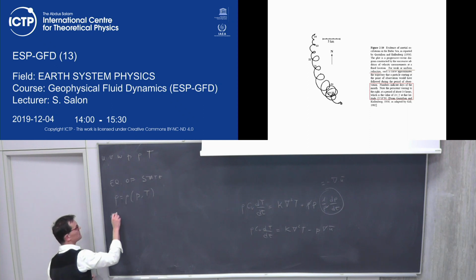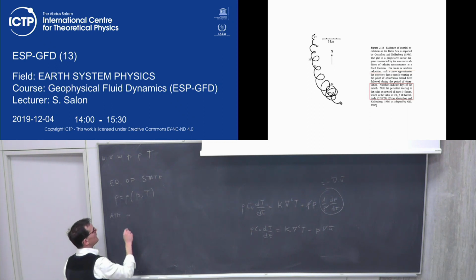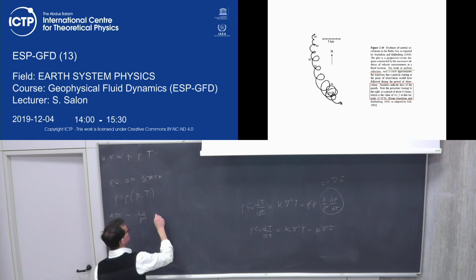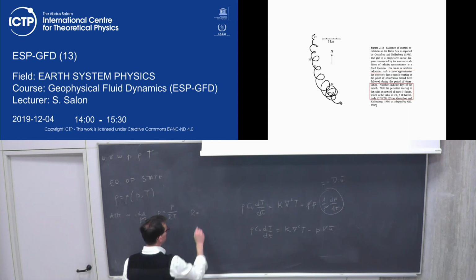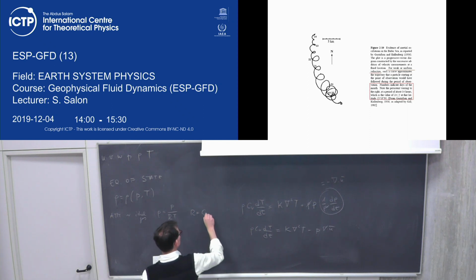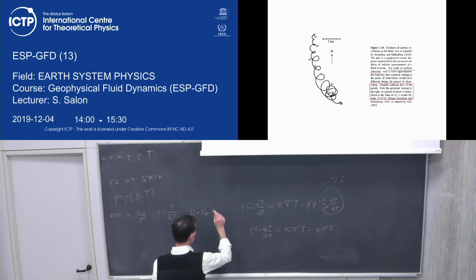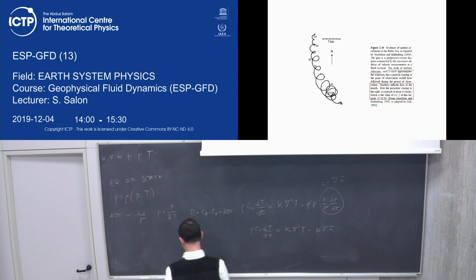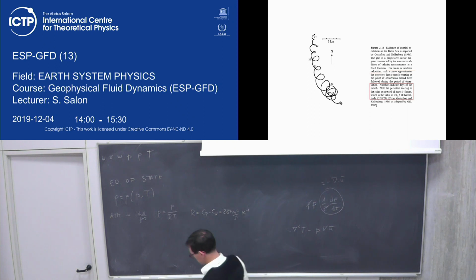So in particular, if we are looking at atmosphere, you were right, because we can approximate atmosphere to an ideal gas, and say that rho is equal to pressure over RT, where R is the universal constant of gas, which is heat capacity at constant pressure minus heat capacity at constant volume, which is equal to 287 meters squared per second squared per Kelvin.